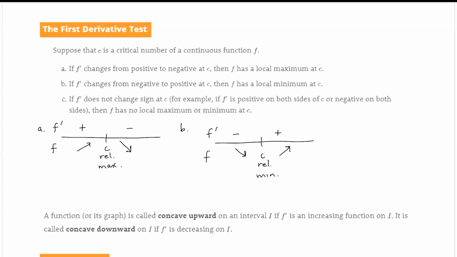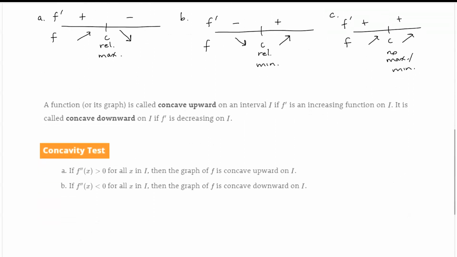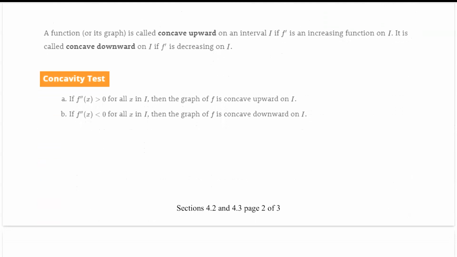If f prime changes from negative to positive, then f changes from decreasing to increasing, then you must have a local or relative minimum at x equals c. And part C, if the derivative does not change its sign, so say f prime is positive both to the left and the right of c, then the function increases on both sides, so you have no max or min at that spot.